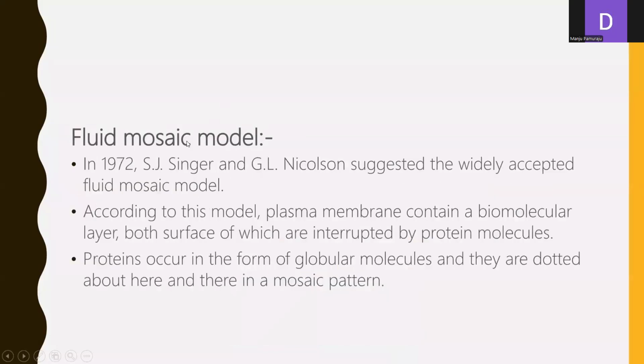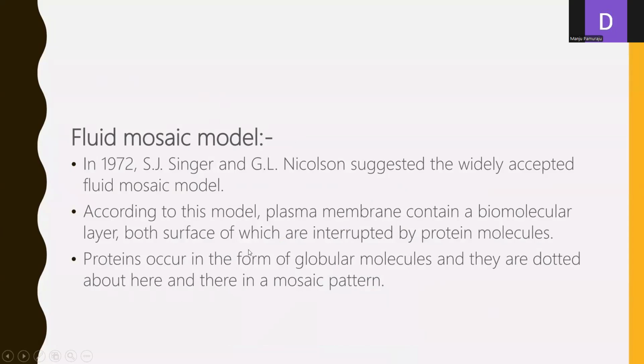So another model is the fluid mosaic model. In 1972, S.J. Singer and G.L. Nicholson suggested the widely accepted fluid mosaic model. According to this model, the plasma membrane contains a bimolecular layer, both surfaces of which are interrupted by protein molecules. The proteins occur in the form of globular molecules and are dotted about here and there in a mosaic pattern.